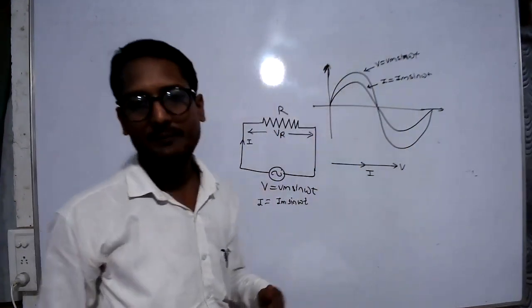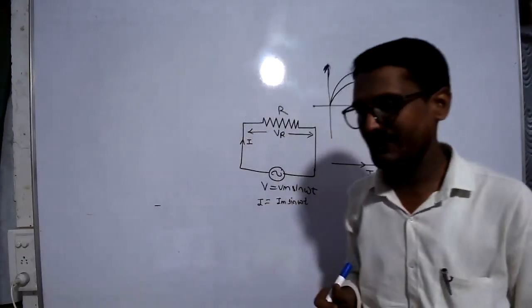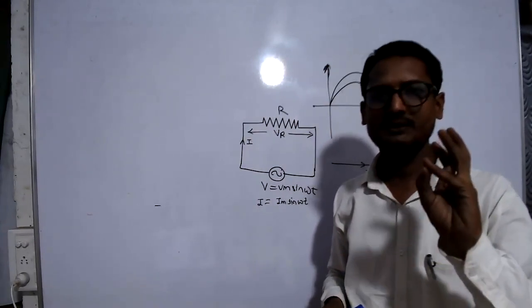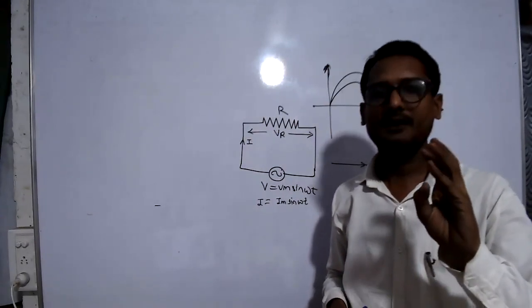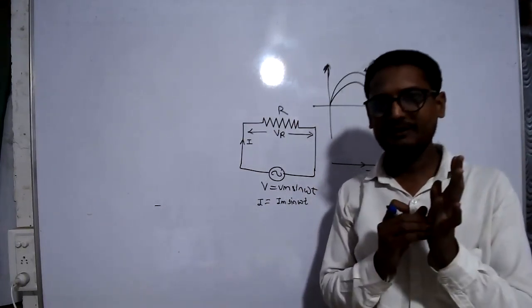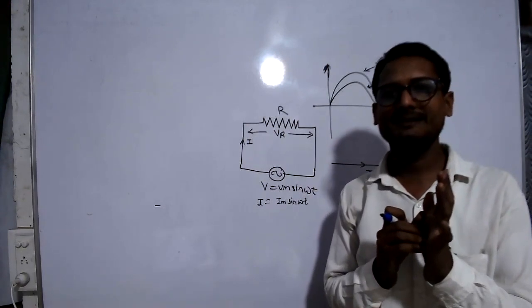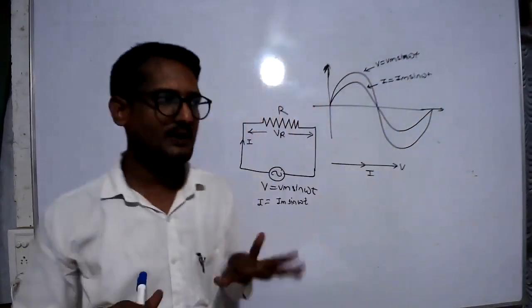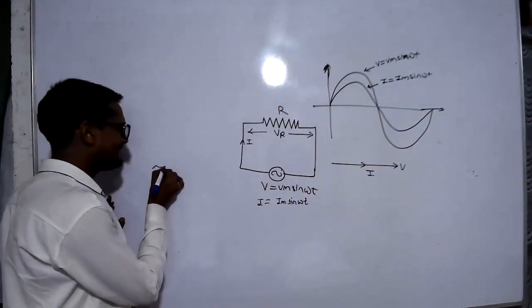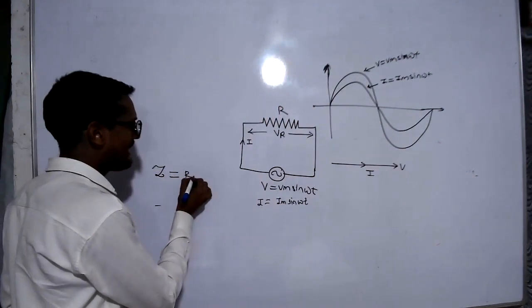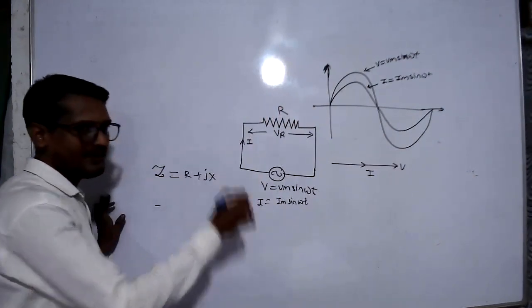Okay. Now the main concept arises. What is impedance? Impedance is the combination of resistance, inductive reactance, and capacitive reactance, that is, a combination of R, XL and XC. Now the impedance equation: in rectangular form, Z equals R plus jX.